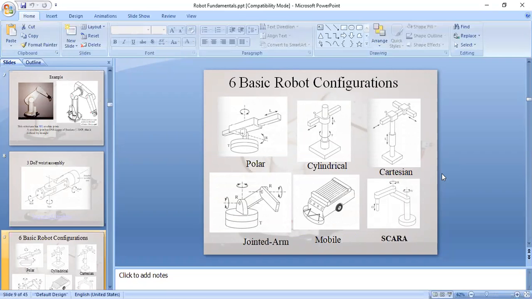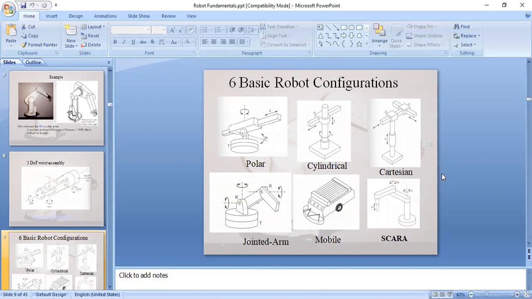Then cylindrical type, for cylindrical type we have 2 translational and 1 rotational degree of freedom assigned. Then Cartesian robot having 3 translational degrees of freedom assigned. Then jointed arm having 3 rotational degrees of freedom assigned.